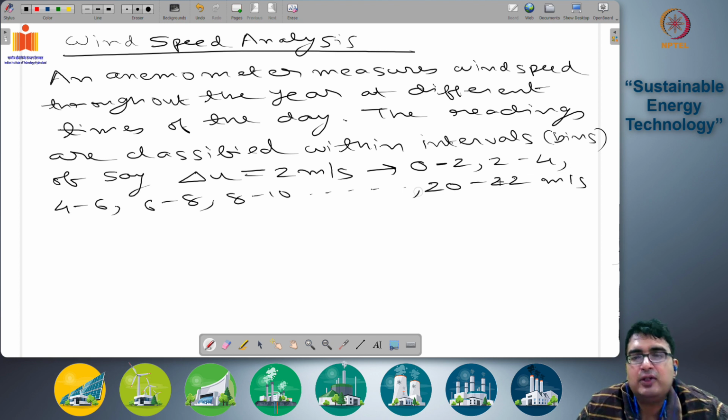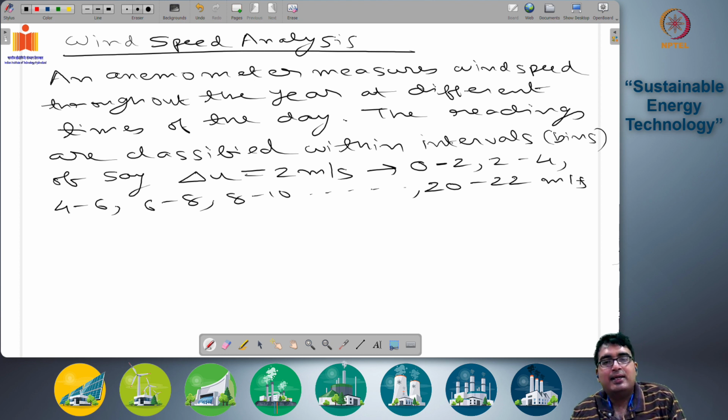So these are all individual bins in which we are distributing the velocities. All right, and the minimum velocity is 0, of course, and the maximum velocity we are getting at that location is 22 meters per second, and so we are binning them into these kinds of velocity intervals. All right.